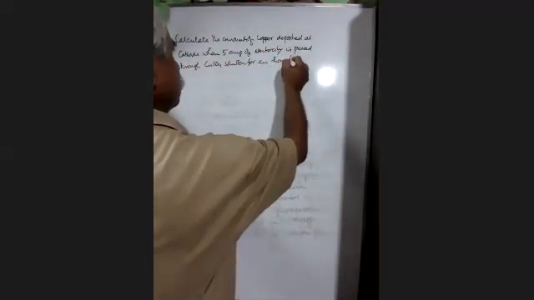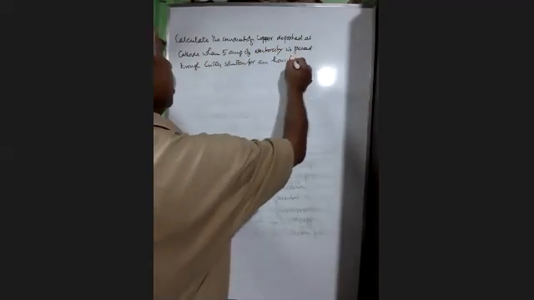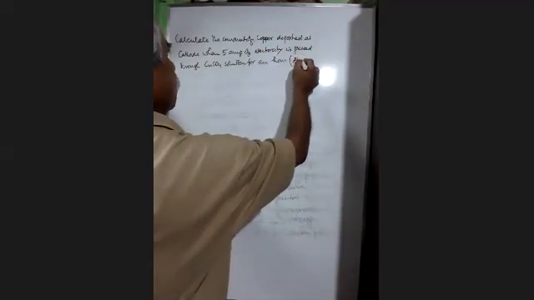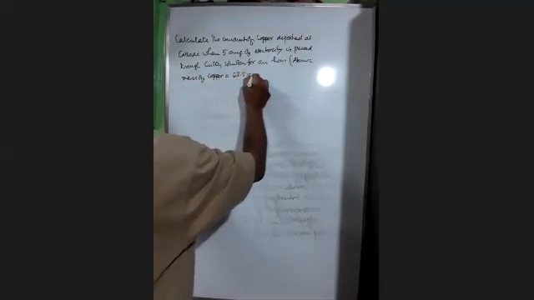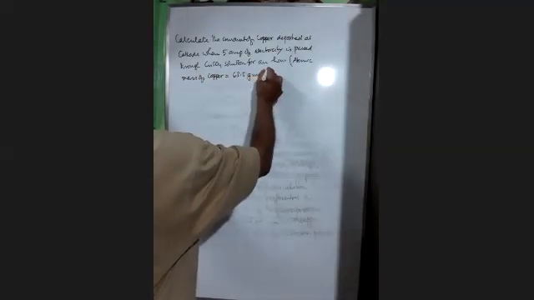Okay. Atomic mass of copper is 63.5 gram mole inverse.